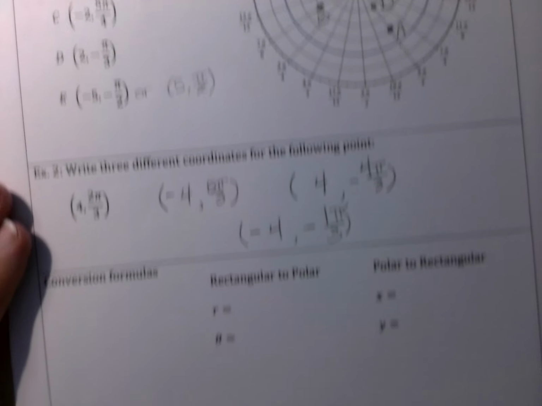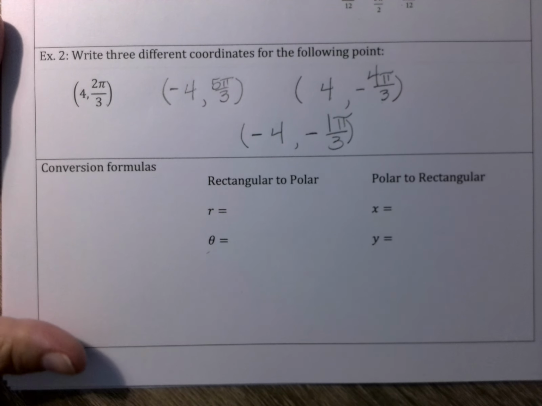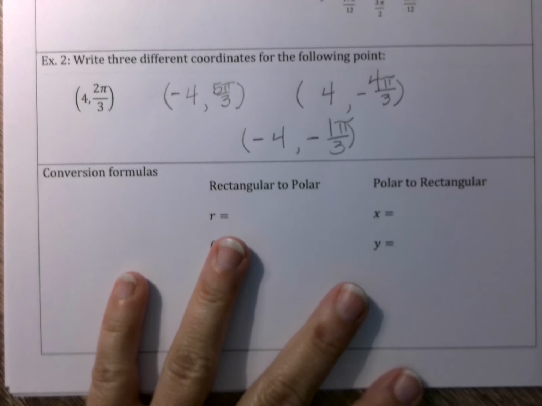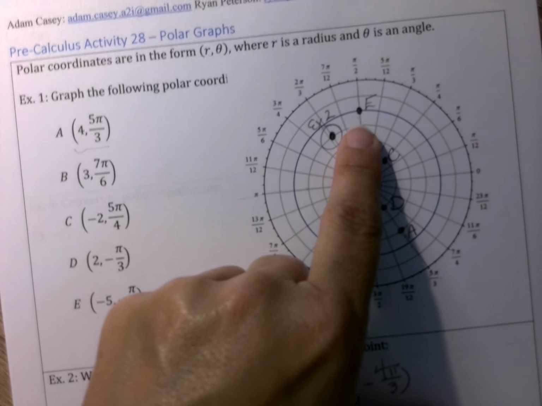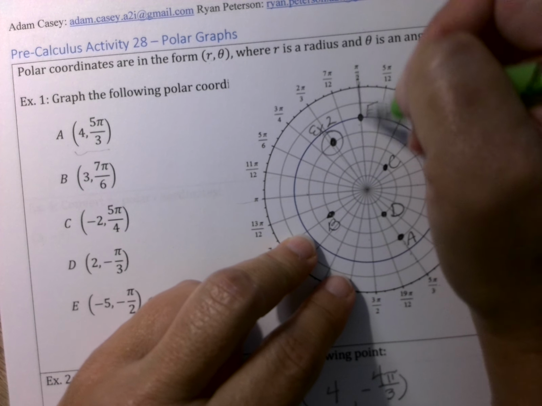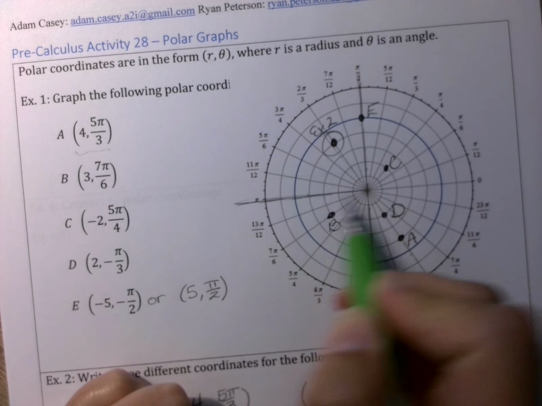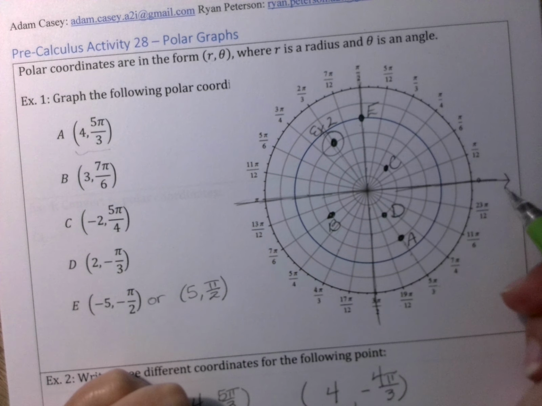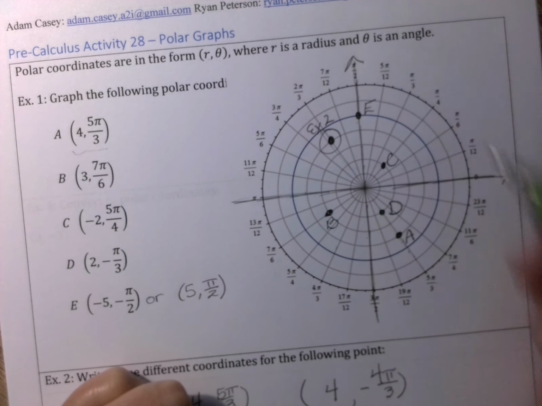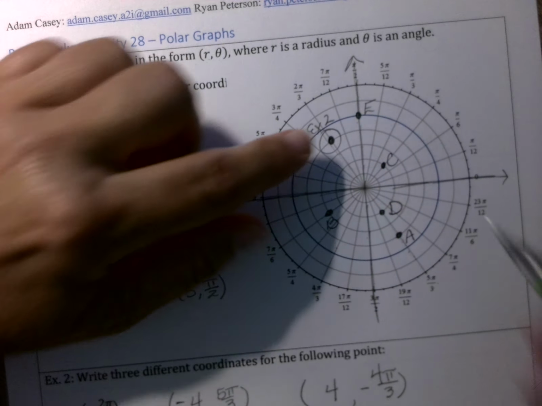So then let's talk a little bit about how we convert from rectangular to polar and polar to rectangular. Let's go back up here and talk about this point E. Remember, I pointed out here that we kind of have our XY axis. We could draw that in and kind of imagine a rectangular grid superimposed over this circular polar system.